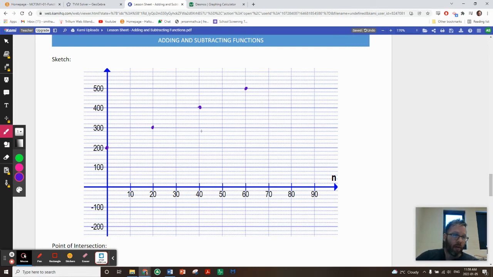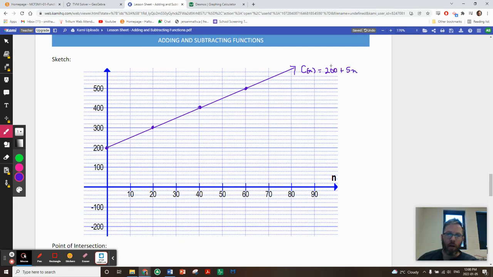I think I'll just stop there. I'll use the same color. Our point of intersection may or may not be easy to read off the graph, so we're going to find it using algebraic techniques from earlier grades as well. So this is the cost function, 200 plus 5n.